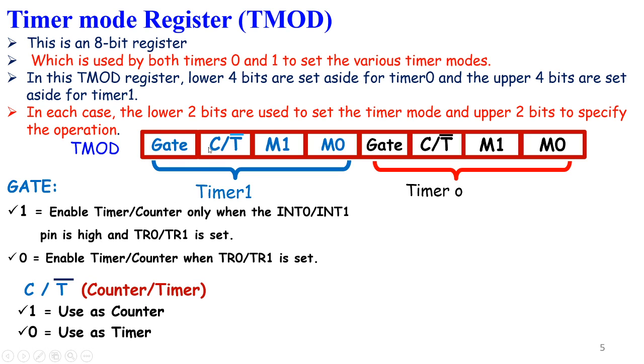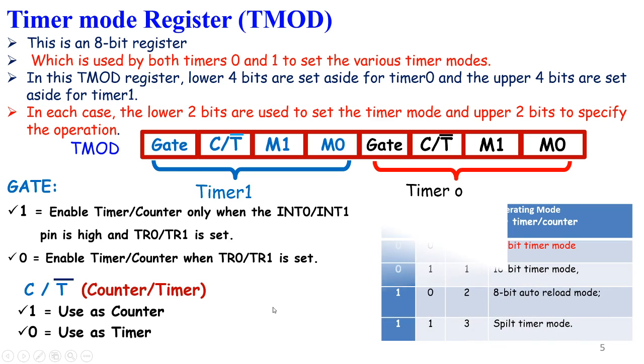Now what is the use of C/T bar, counter/timer bar? When the C/T bar bit is equal to 1, the counter gets selected, meaning Timer 0 and Timer 1 work as a counter. And when C/T bar is equal to 0, Timer 0 and Timer 1 work as a timer to generate the delay.